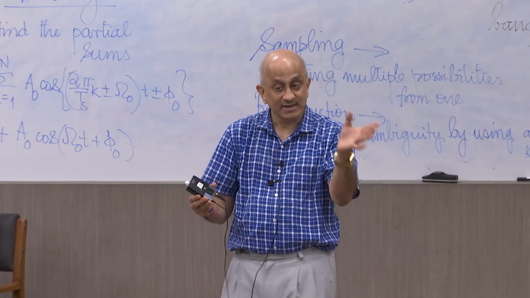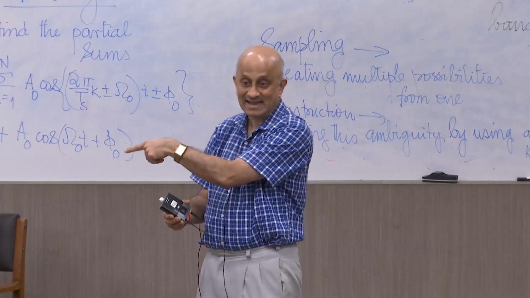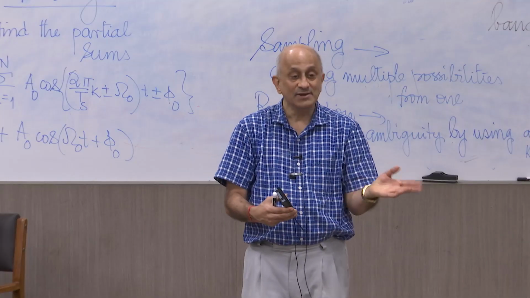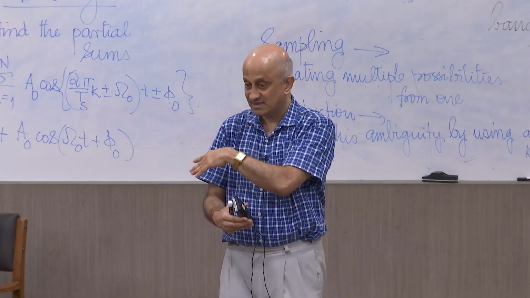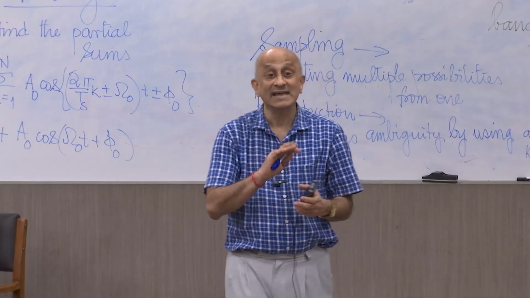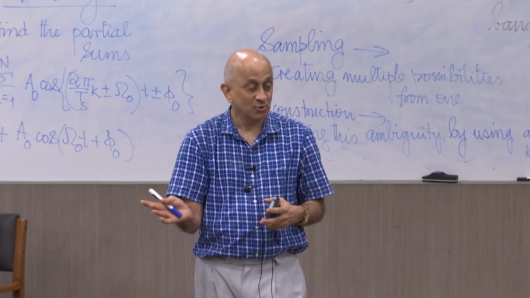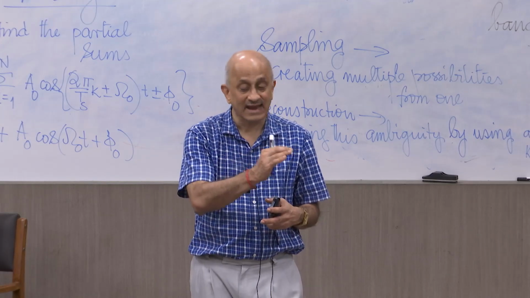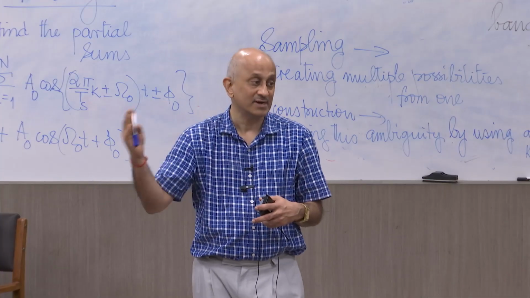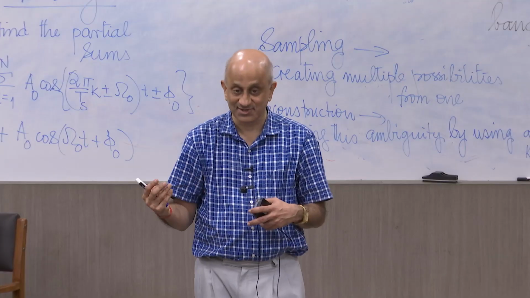So, you could begin with a continuous time signal, and when you sample it, it becomes a discrete time signal. You have a discrete time signal, you can reconstruct the continuous time signal from it, right? Which means that now you can deal with systems which are hybrid in their independent variables, right? You could begin with a continuous time system and go to a discrete system, or you could begin with a discrete system and go to a continuous system, by the process of sampling and reconstruction, right?